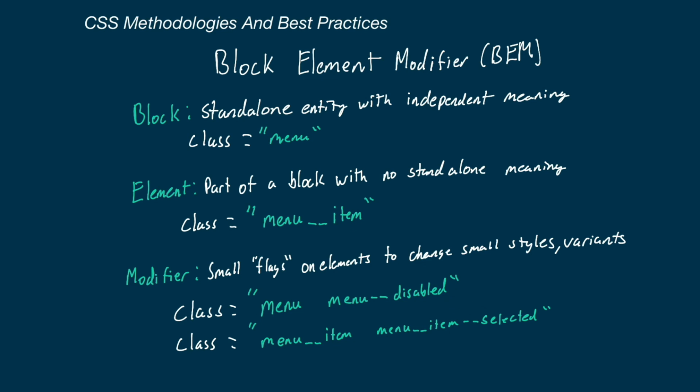You'll notice that we do include both the name of the block and the name of the modifier as two separate classes, separated by spaces as per standard HTML syntax. Similarly, we can add the selected modifier to a menu item with menu item, and then two dashes, and then the word selected for the name of that modifier. Again, we include this along with the menu item class.